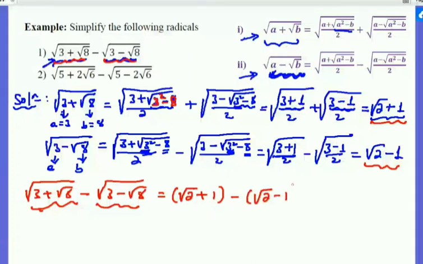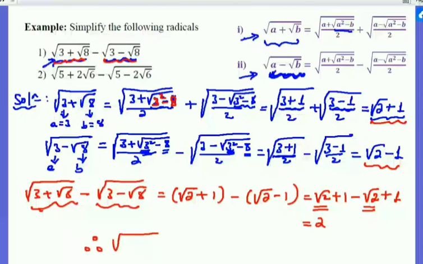So the result becomes radical 2 plus 1, and distribute this negative. So it becomes minus radical 2, and negative 1 becomes plus. Now radical 2 minus radical 2 is 0. So the result is 1 plus 1, which is 2. Therefore, the simplified form of radical 3 plus radical 8 minus radical 3 minus radical 8 is 2.